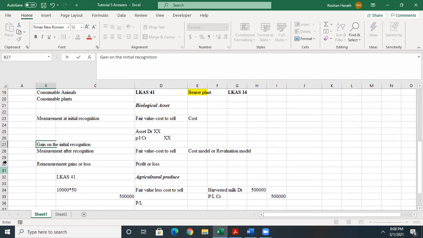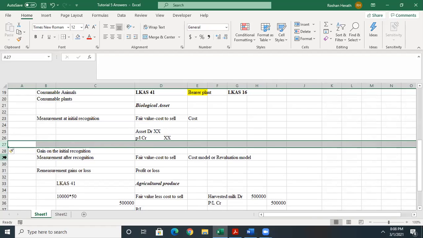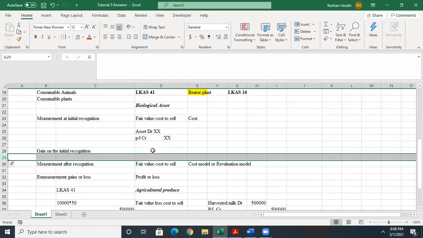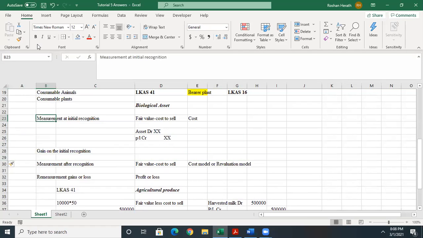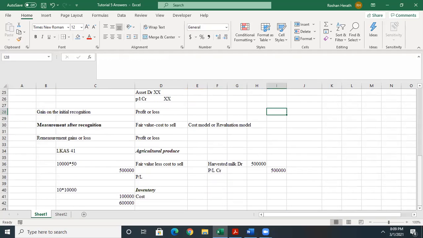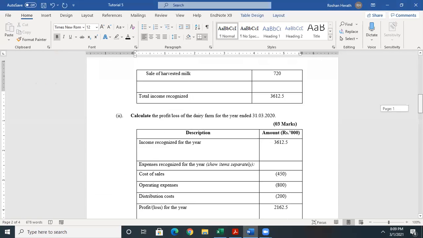That must also be recognized in P&L. So this is a rough sketch. If you have this, you can apply that to whatever question you get, and you can successfully complete it, right? So it's about the biological asset.